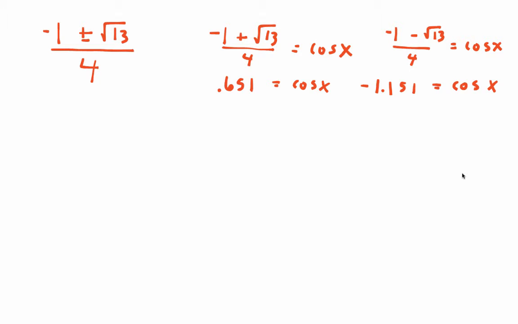Okay. Here I just found the decimal equivalent of each one of these. Now you're going to take the inverse cosine of both sides here. So you're going to go cosine inverse of 0.651. That'll be equal to x. I'm going to put that in the calculator.